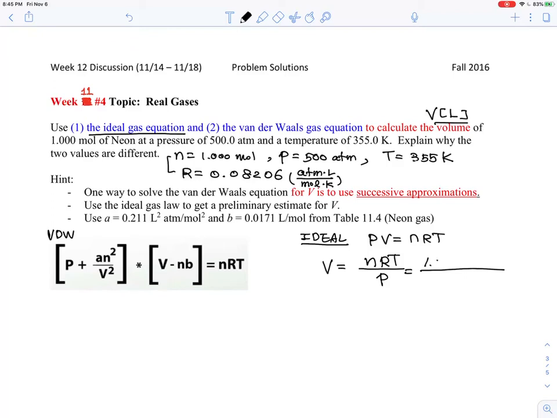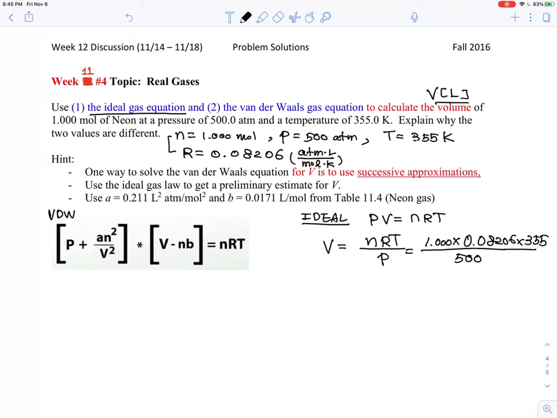So 1.000 times 0.08206 times 355 Kelvin divided by 500 atmospheres. By plugging in all the numbers, you will find 0.05826 liter.